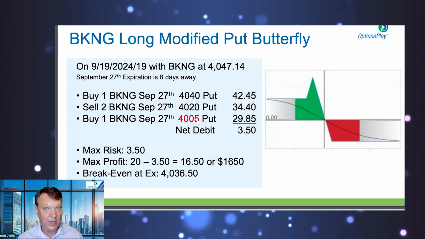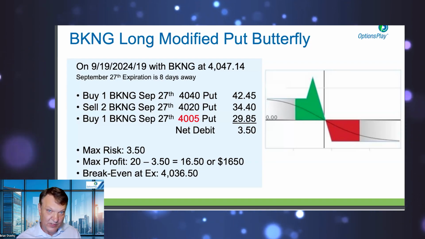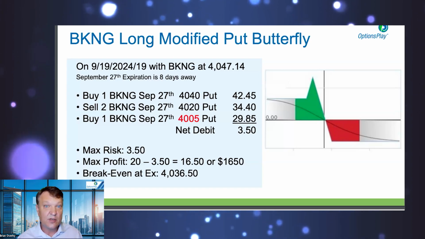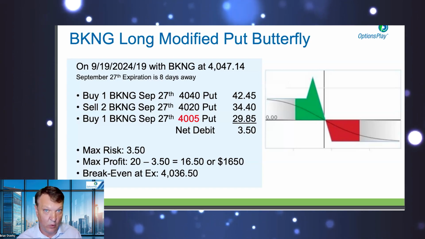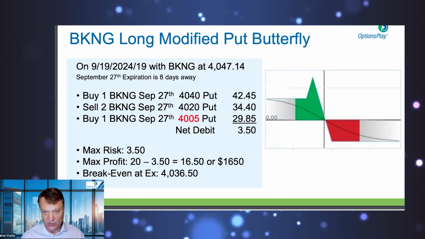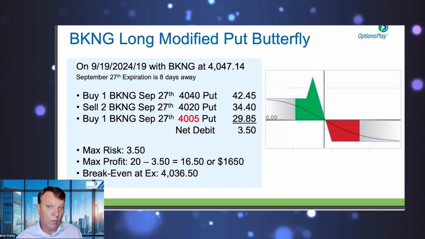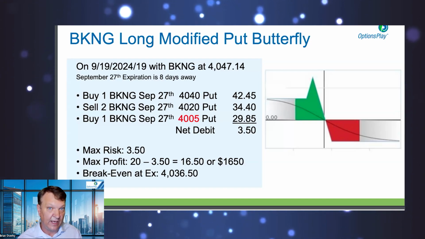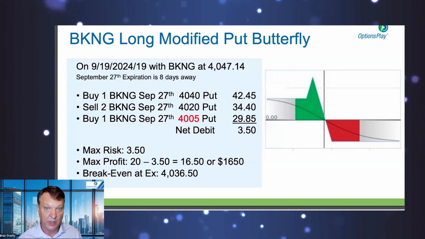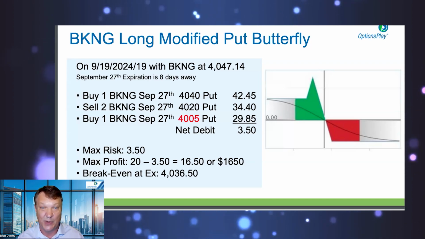So what does that mean about the short put spread? If the short put spread is smaller in width, it's going to bring in less of a credit. And here's the beautiful thing about a butterfly. If you just sit and you think about them, what you're really trying to do, and think about how we started this presentation looking at the butterfly inside the options playbook, is you are really selling a put spread trying to pay for a long spread.